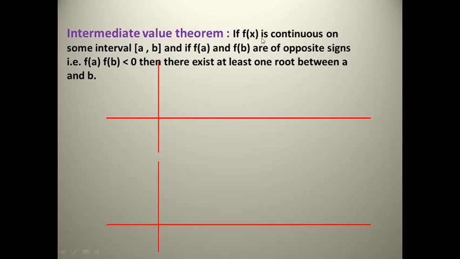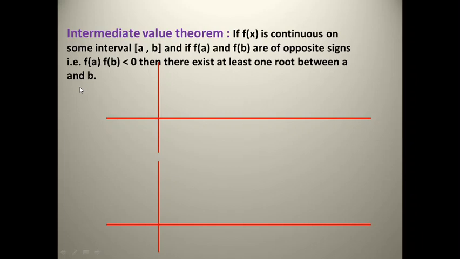What this theorem says is that if f of x is continuous on some interval ab, and if its values at the terminal points, that is f of a and f of b, are of opposite sign, then there exists at least one root between a and b. Let's try to understand this with the help of a graph.